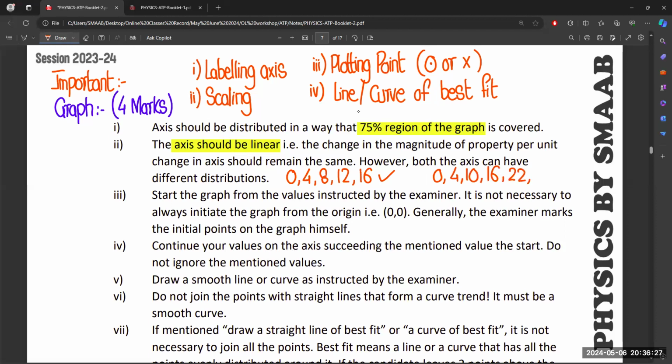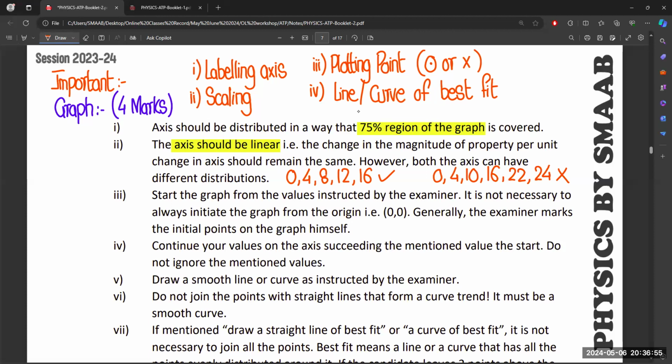So there is no pattern in this, right? First there is a difference of 4, then 6, then again 6, then 6, then again 4. So this is not a correct way to scale your axis. So this is the concept of linear, right? It may be different, like on the x-axis you are using different divisions, on the y-axis you are using different divisions, but that should be linear.